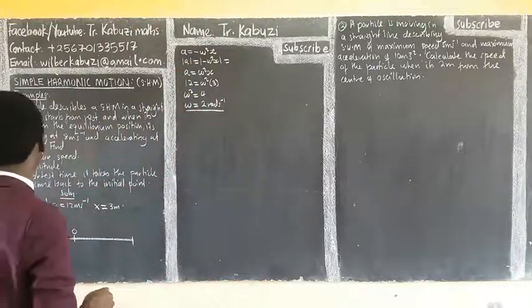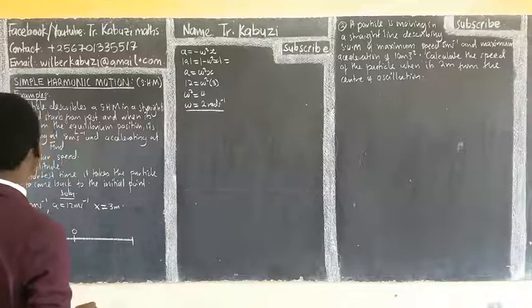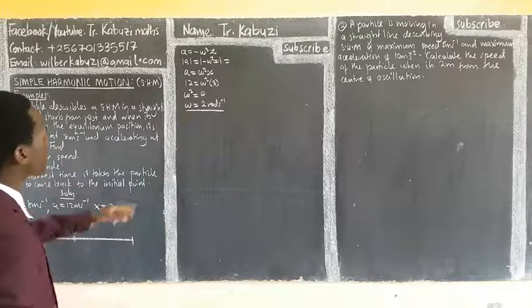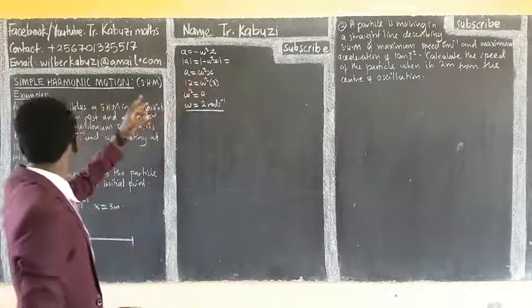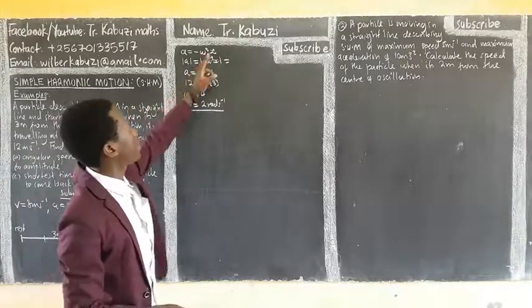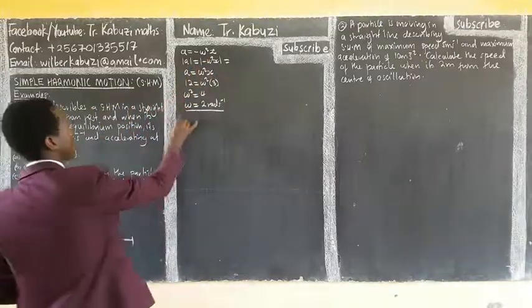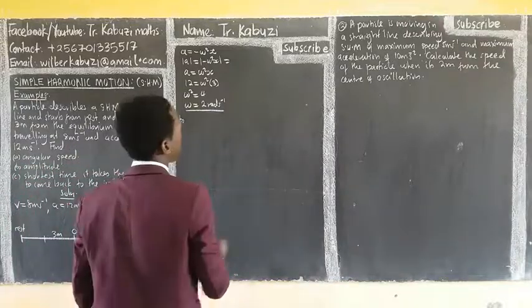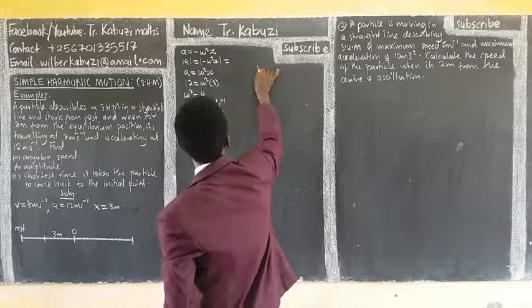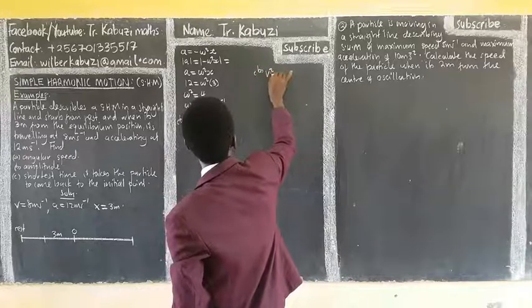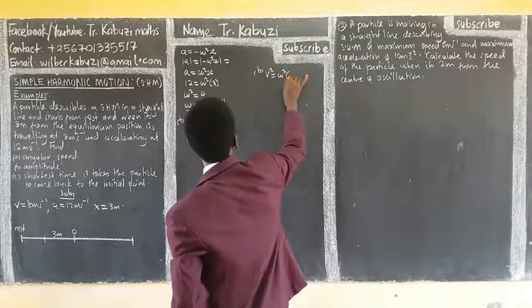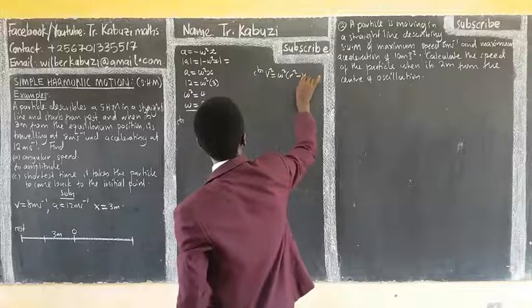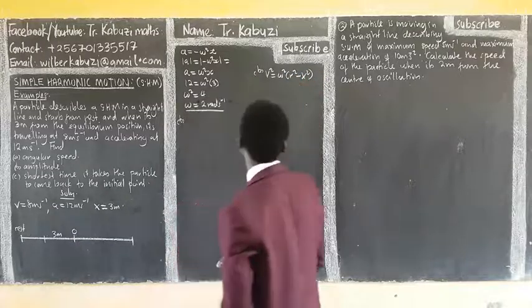Then part B, they want us to get the amplitude. You see, I don't have the amplitude, but they give us the velocity. We all know that our velocity, velocity squared is equal to angular speed squared times the amplitude squared minus the displacement from the equilibrium position squared.